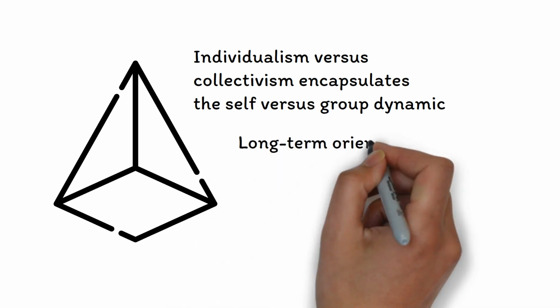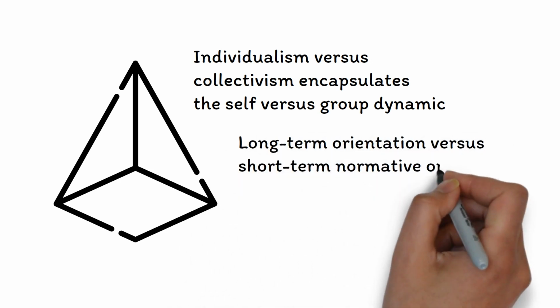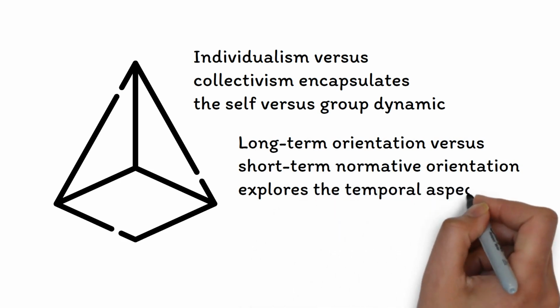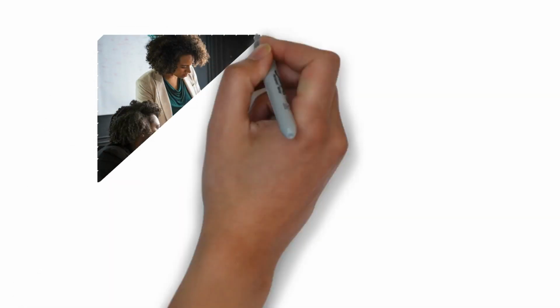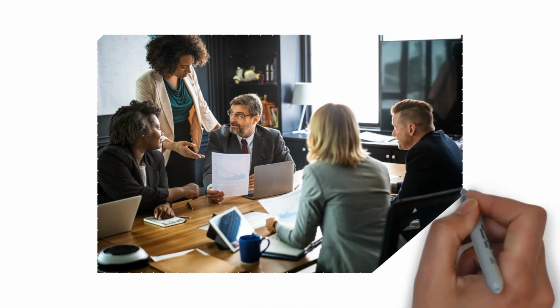Long-term orientation versus short-term normative orientation explores the temporal aspect of societal values, and indulgence versus restraint represents the gratification versus control of desires. Leadership, when viewed through these dimensions, is not a static entity, but a dynamic interplay that evolves within the cultural context.